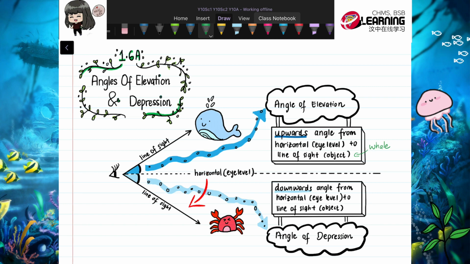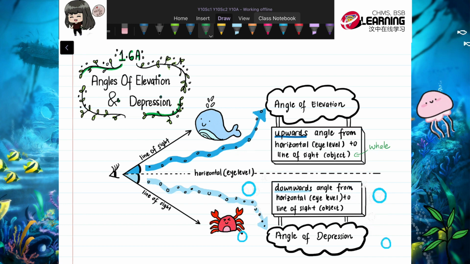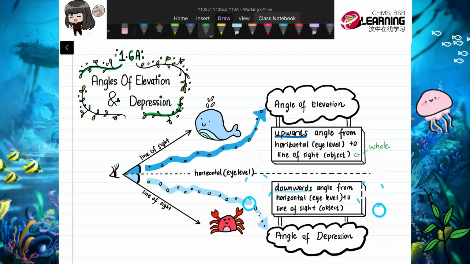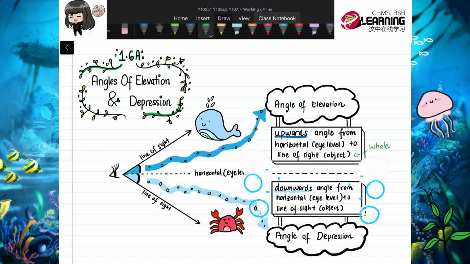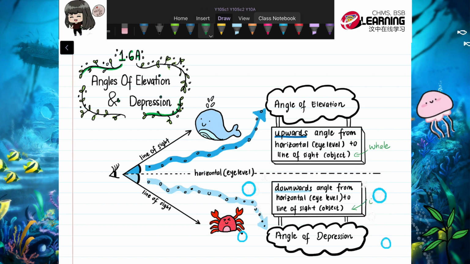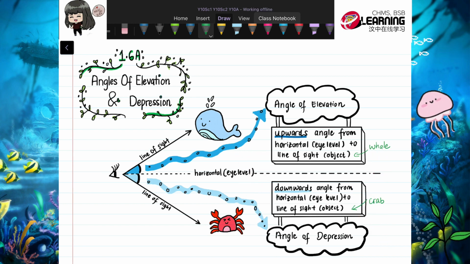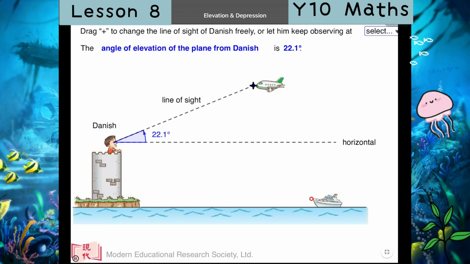That angle we call the angle of depression, the downwards angle from horizontal eye level to the line of sight, to the object that you want to see, in this case the crab. So remember, you have two types of angles here: angle of elevation, the upwards angle, and angle of depression, the downwards angle.